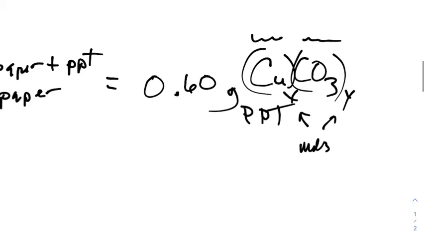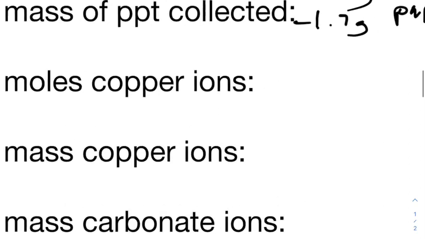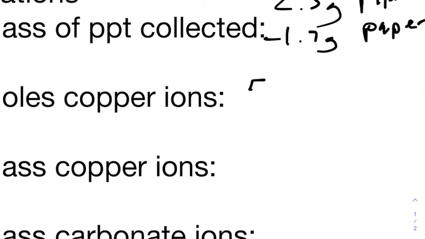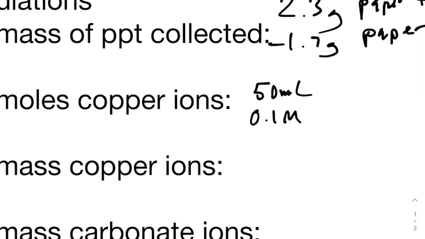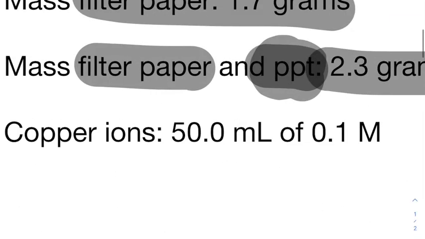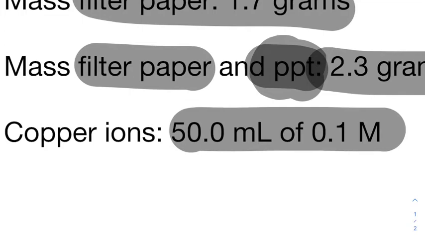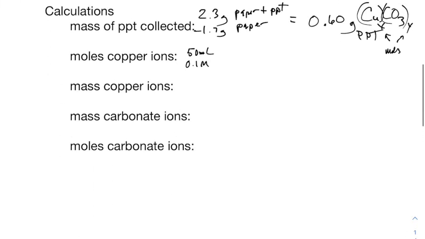So which one do we know? Well, we know that we used 50 milliliters of 0.1 molarity of the copper ions. Remember that from up here? The copper ions, we used 50 milliliters of 0.1 molarity of those.